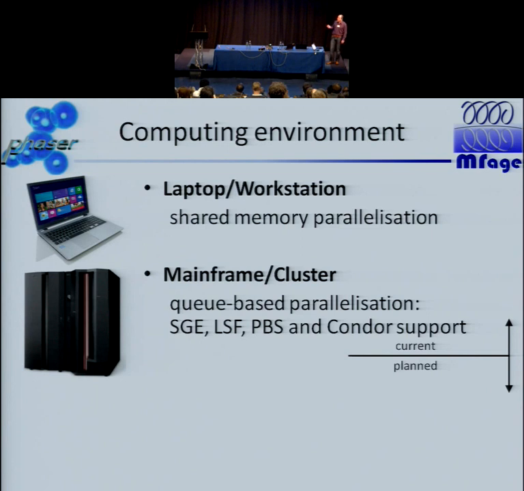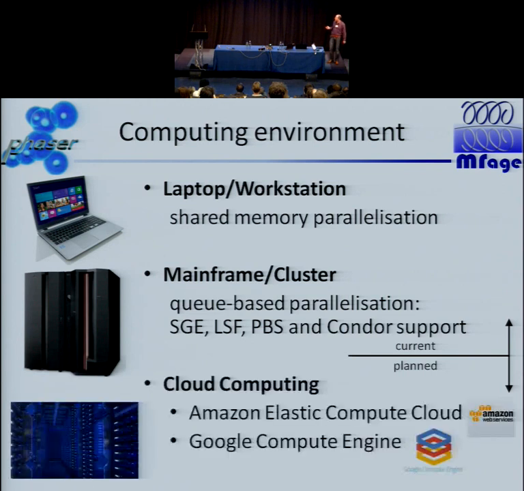But this queue-based parallelization is so common that people have written software for making virtual clusters in cloud computing. Now, since we are in the UK, we are out of luck, because the government has just turned down a bid from Amazon and Google for providing cloud services. But as far as I know, in the US there is an agreement with the government.